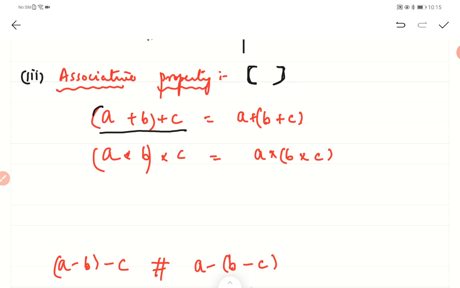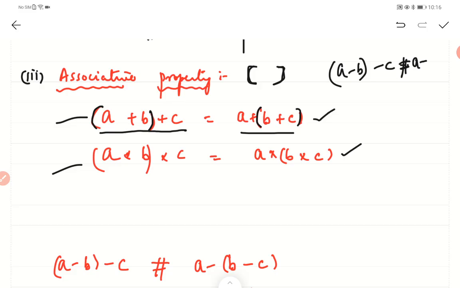I am basically shifting this parenthesis to the right side, towards a plus of b plus c. So again, associative property is true under addition and multiplication. If you go for a minus b minus c, and if you shift the bracket also, this will not be true. So only under addition and multiplication it will be true.